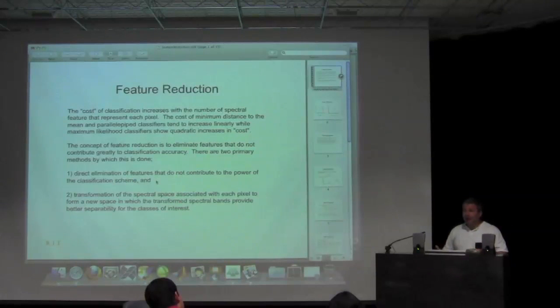Right? So even if you have lots of experience, it makes sense to run these kind of things to take a look at your data and make sure you're picking the best ones. It also will give you some sort of an indication of whether or not the ROIs that you picked are good. Right? If you can't get good separation between elm trees and oak trees and maple trees with the ROIs that you picked, then maybe you didn't pick your ROIs all that well.